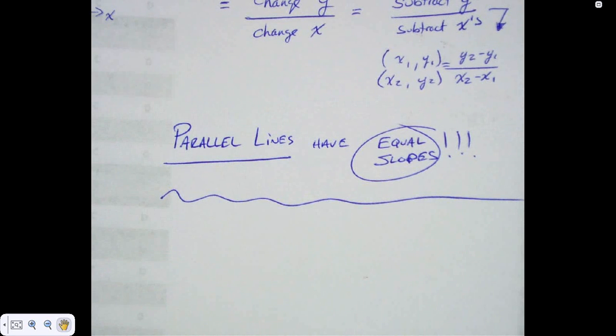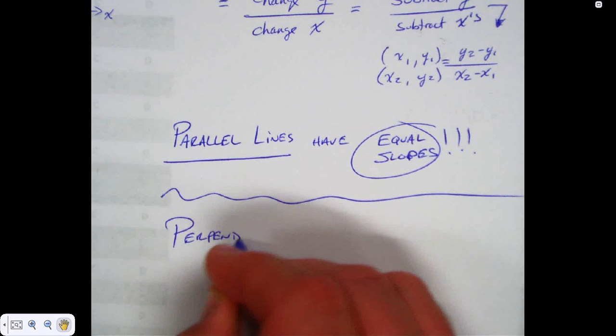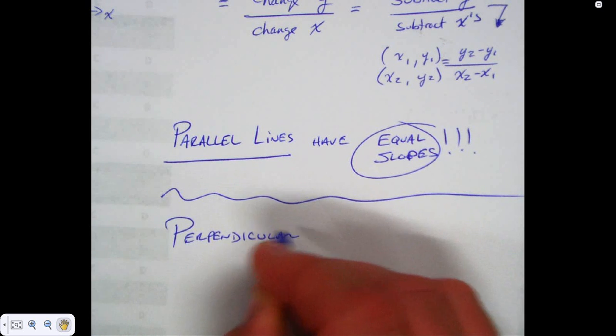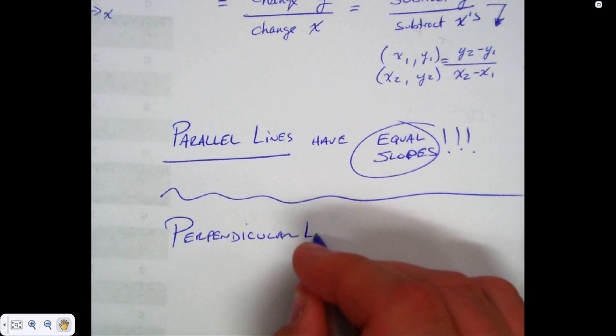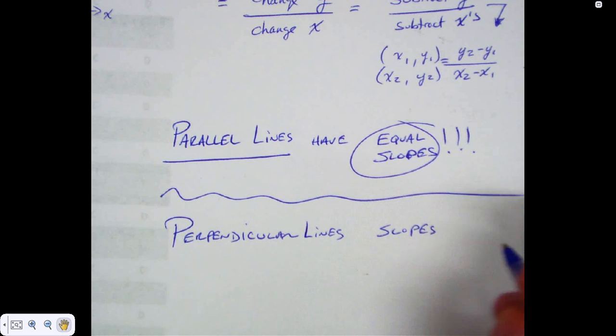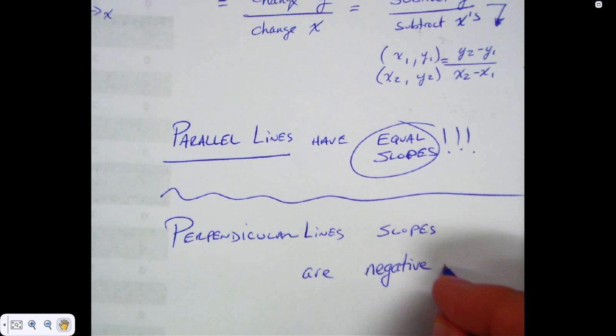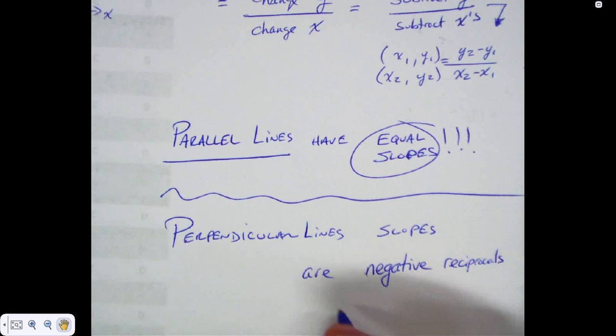Their slopes are the same. Perpendicular line slopes are negative reciprocals of each other.